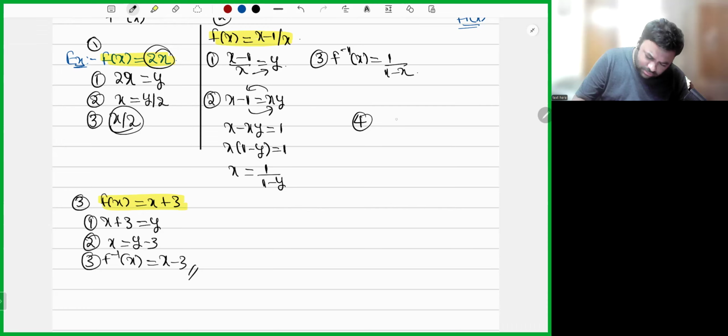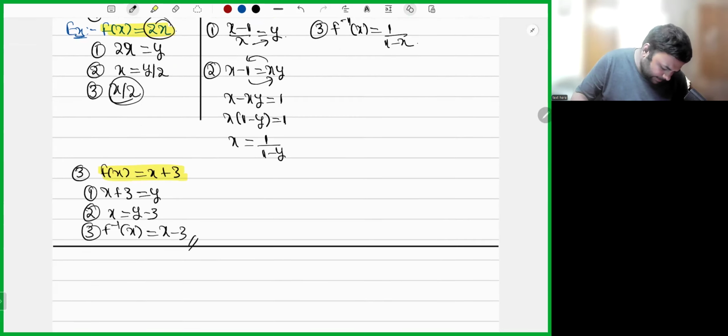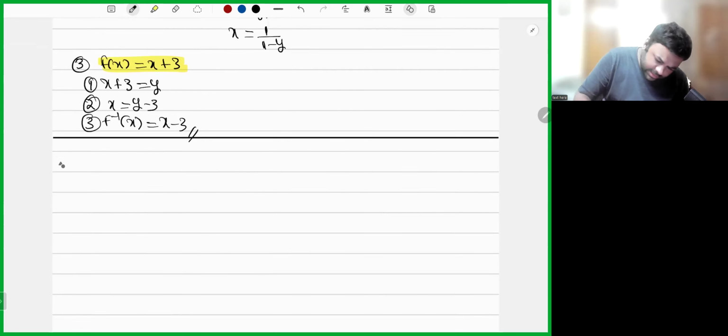Try one more question. It's not required, 3 would be sufficient. Try this example and tell me the answer. I am telling you, h of x is equal to 10 power 1 plus x.